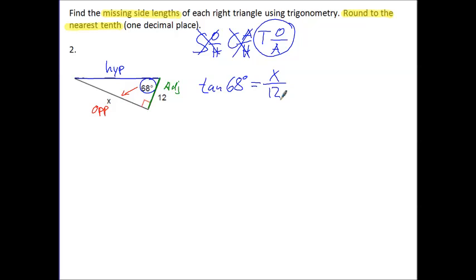Now, again, trying to find x, we need to solve for x, and this time we have to multiply both sides by 12. Then that cancels out, and 12 times the tangent of 68 degrees is equal to x.